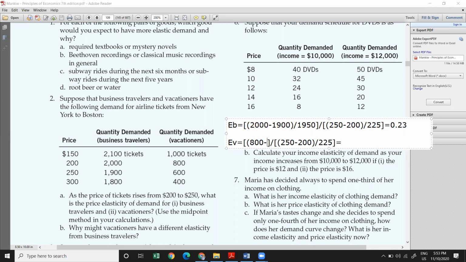So 800 minus 600, all divided by the midpoint, which is 700. If you calculate, you should get 1.33, which is more than 1, and it shows that it's elastic.